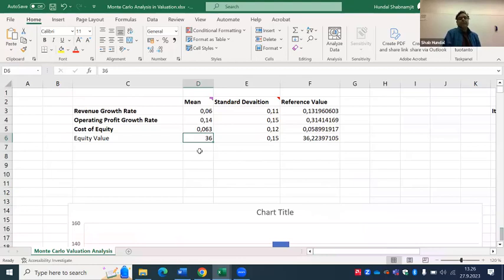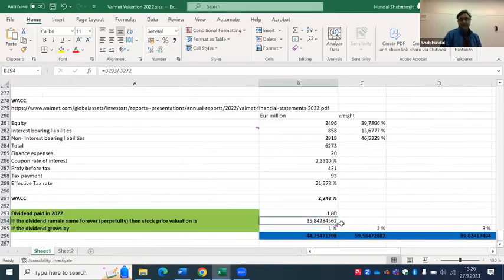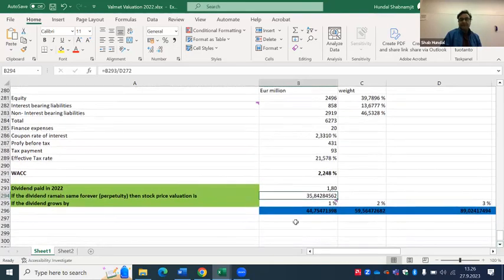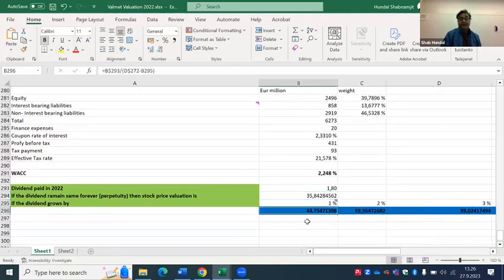The problem with the Gordon growth model that we have is that if you look at the spreadsheet one, which I shared with you before, you see that here we have discrete numbers. If the growth rate is 1%, there is a 44 euros price.